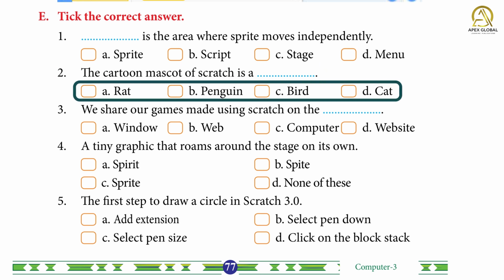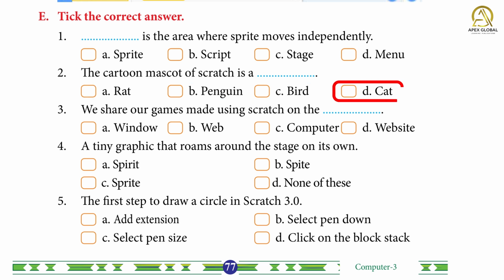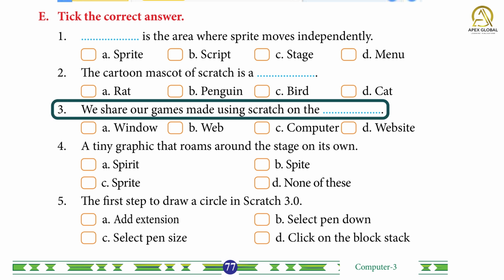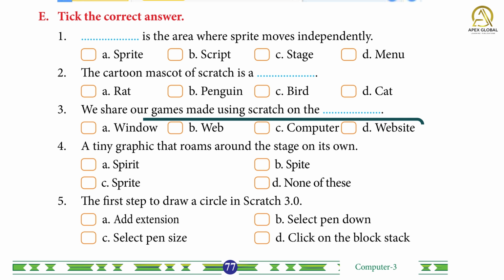A. Rat. B. Penguin. C. Bird. D. Cat. Answer D. Cat. 3. We share our games made using Scratch on the dash. A. Window. B. Web. C. Computer. D. Website. Answer B.